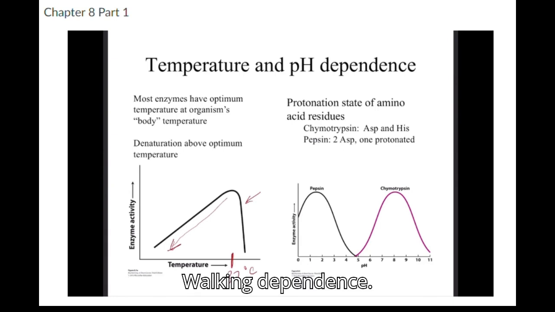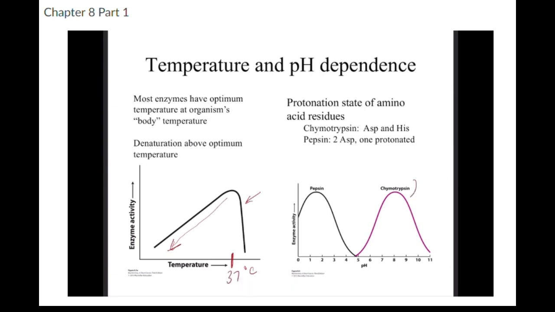Looking at pH dependence, as I mentioned before when we talked about acid-base effects, enzymes need to have amino acids in the proper protonated state for the reaction to occur. So if we look at two examples, these are both proteolytic enzymes that hydrolyze peptide bonds.